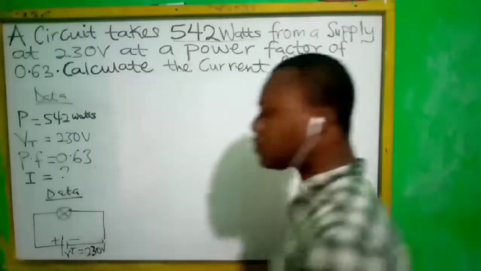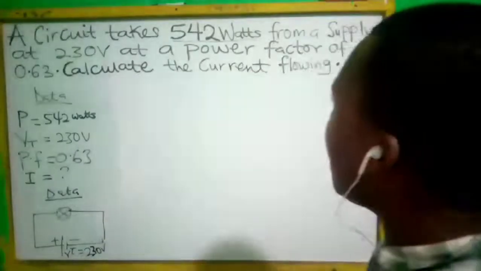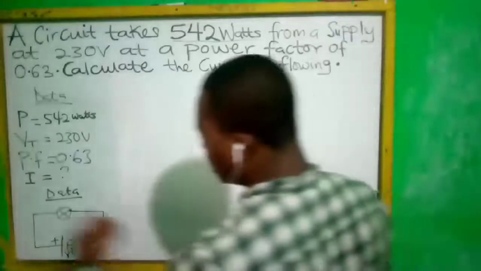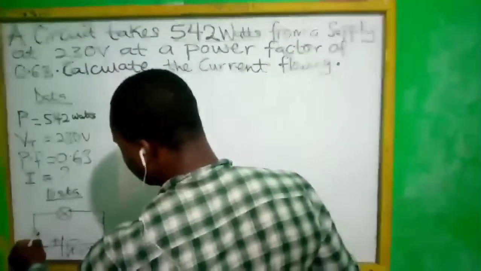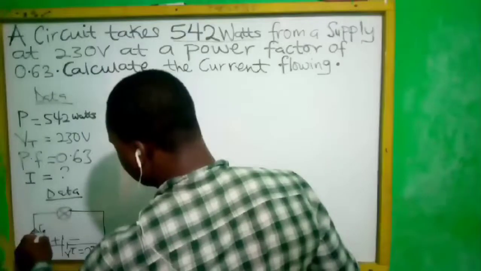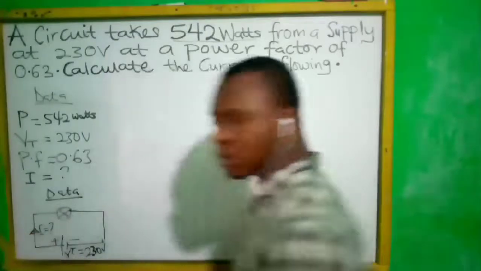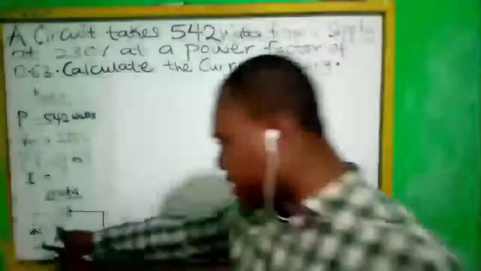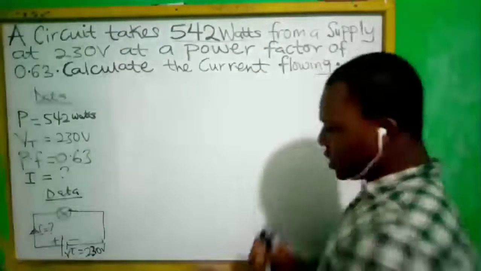So we know the current flowing in this case is unknown. We have to find the current that is flowing in this circuit.